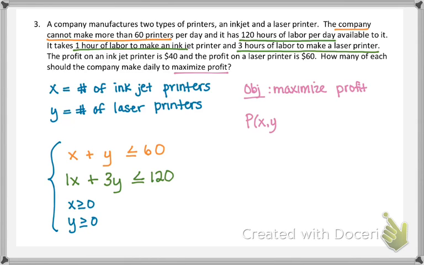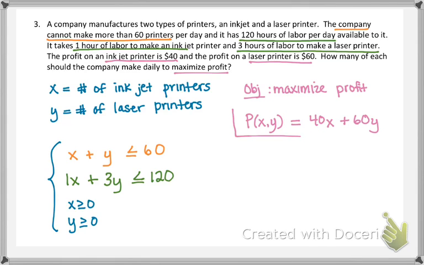The profit function depends on X and Y, so P of X and Y can be calculated by, looks like we're going to make $40 for an inkjet printer and $60 for a laser printer. So the profit is going to be 40x plus 60y.